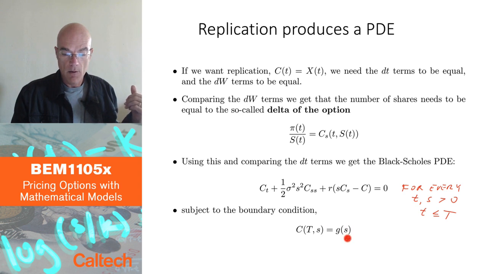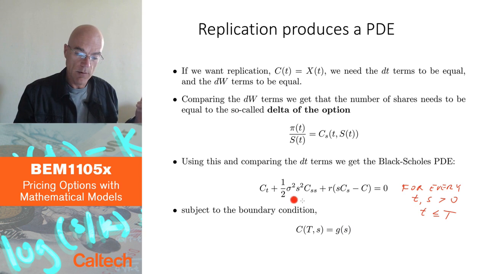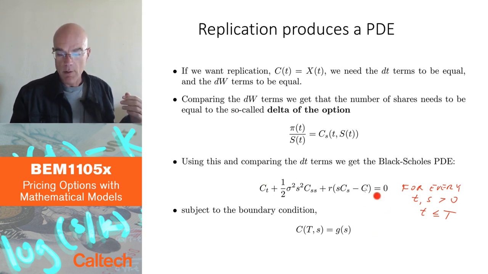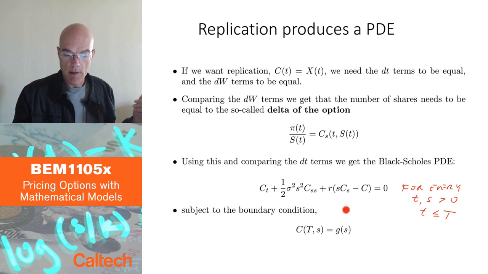Okay, if we have any hope of replicating this, it has to be the case that that function satisfies this. Another way around, if we find a function which satisfies this, then by what we did in the previous slide, that function can be replicated by this portfolio, which satisfies this.